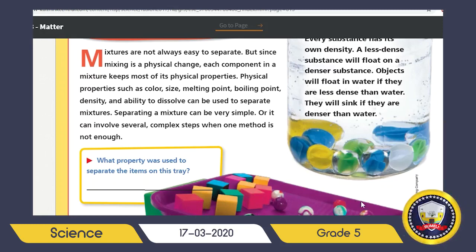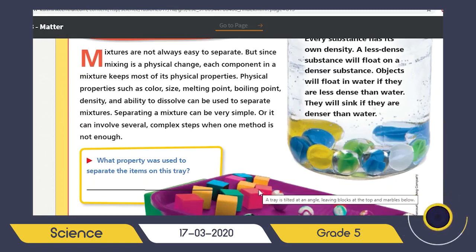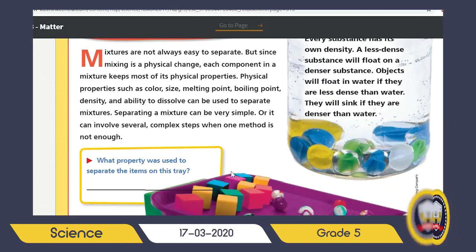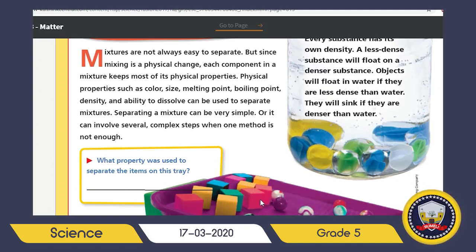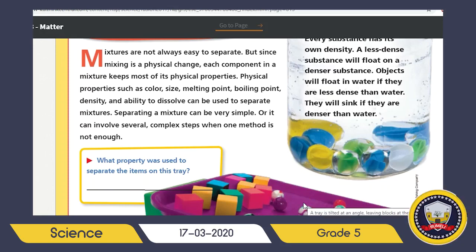What can this property be to separate these marbles from these blocks? We can basically say that their shape is a really helpful property, because the marbles are circular, they will roll over the tray, but the blocks will stay where they are. So we will be able to separate these two from each other.